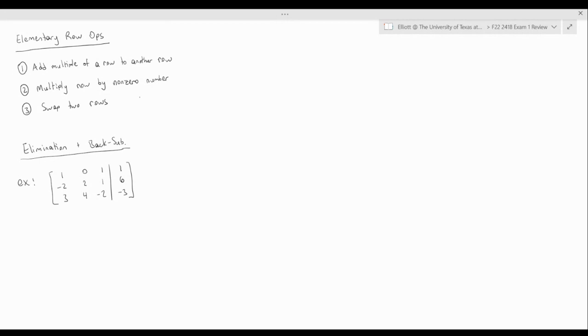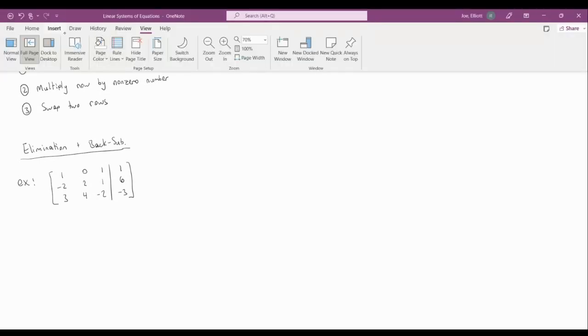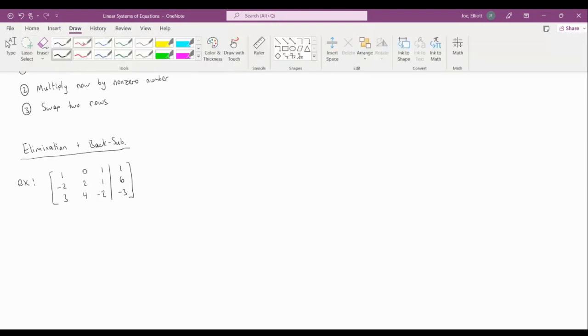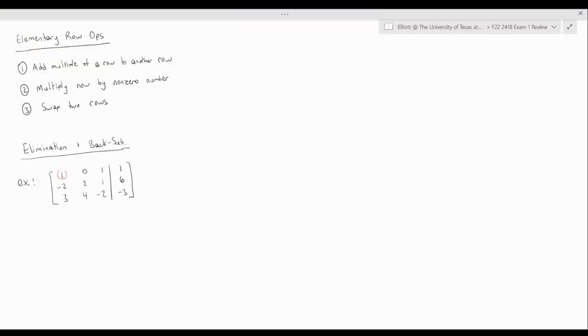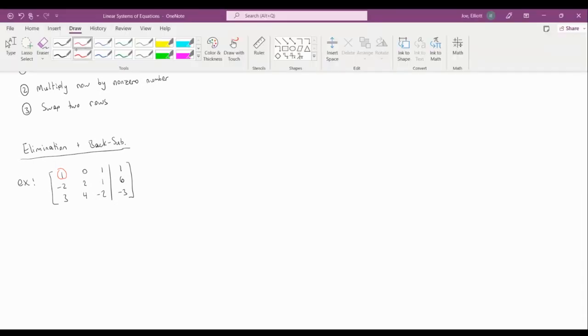So what you want to do is take this first number and use this number as a pivot and eliminate everything underneath it. So I want to eliminate the -2 and the 3 in that first column right now.